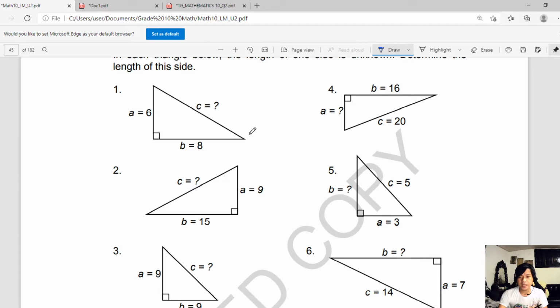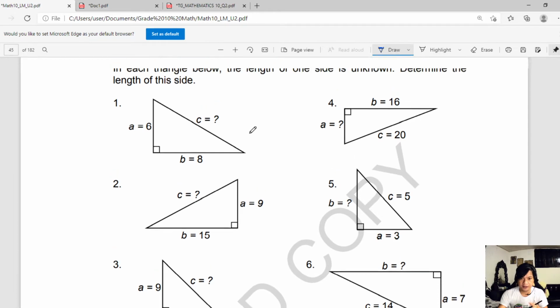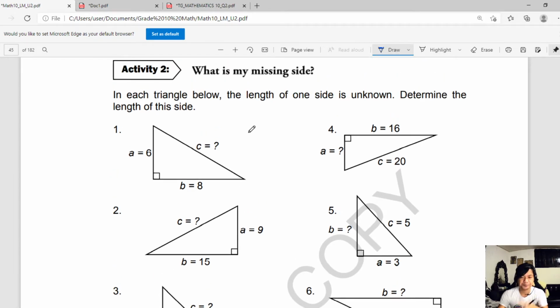But before we can proceed with this, let's review first. Do you still remember the formula that we use here?